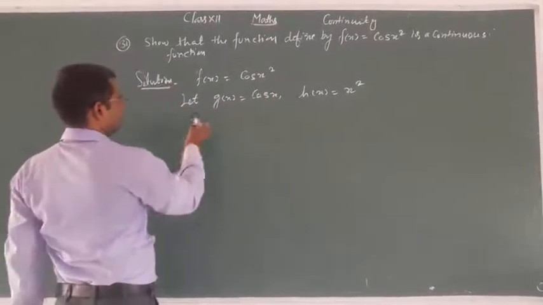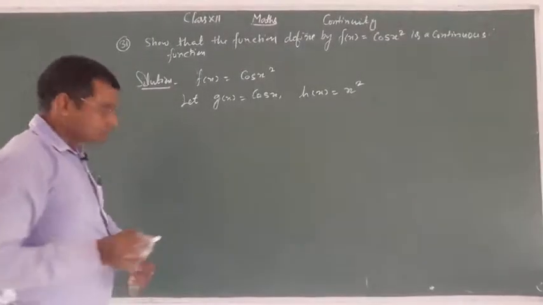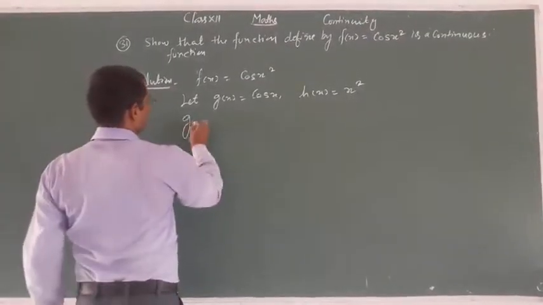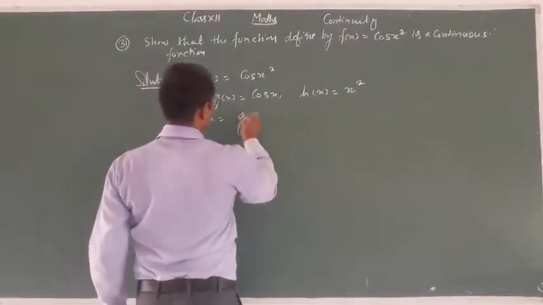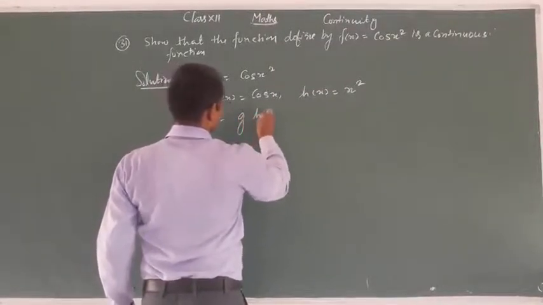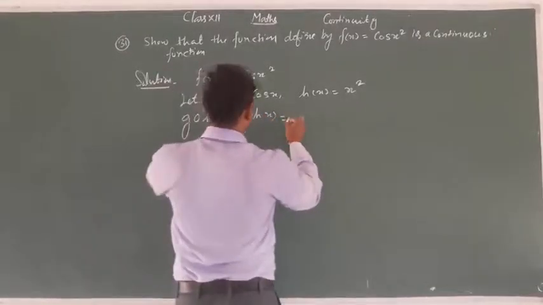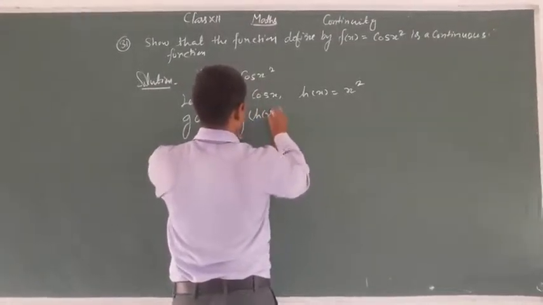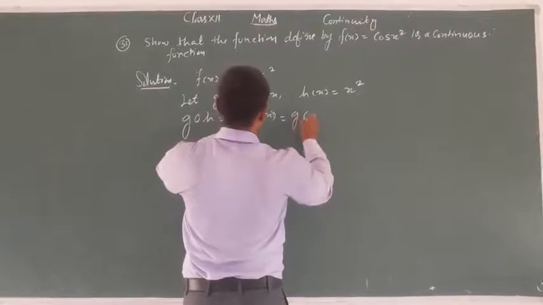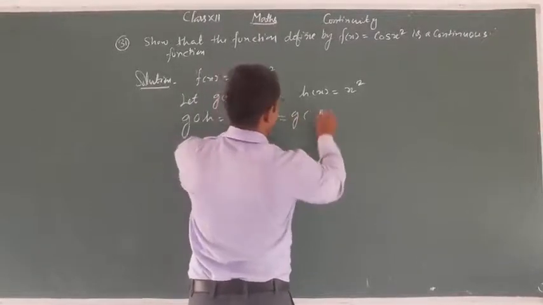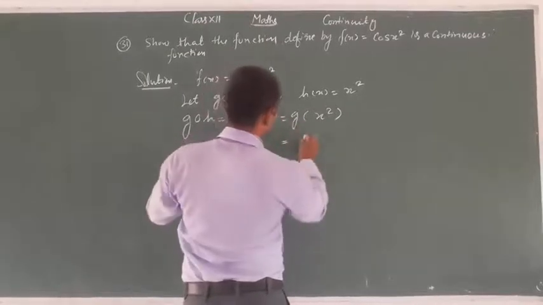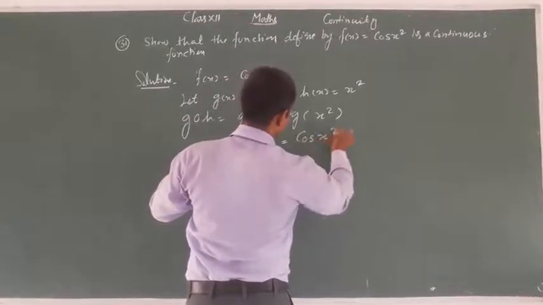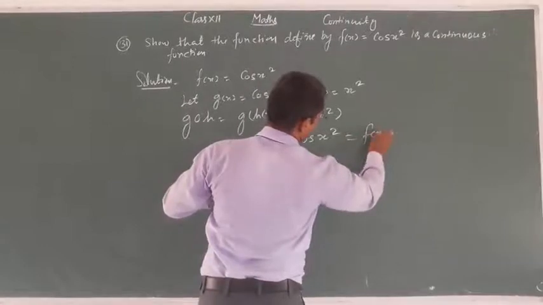Now the composition of functions, g o h. So (g o h)(x) means g of x square. Now (g o h)(x) is equal to cos x square. This is a function of x.